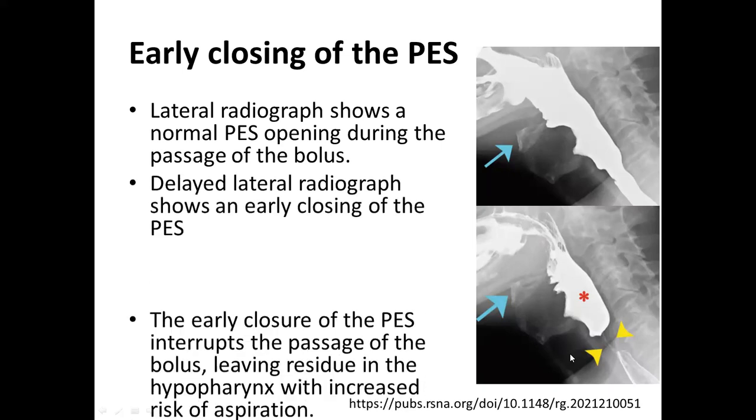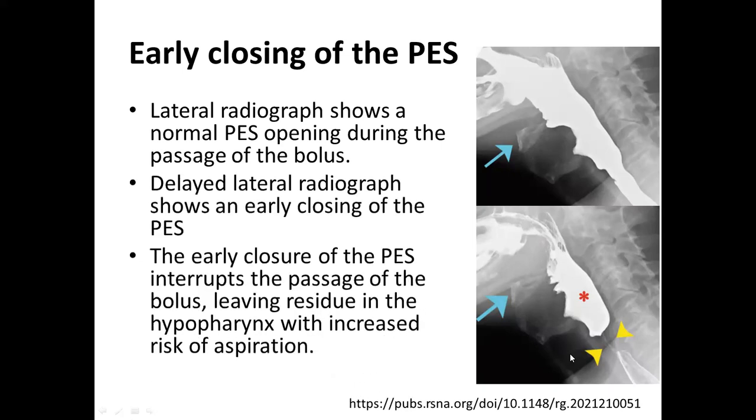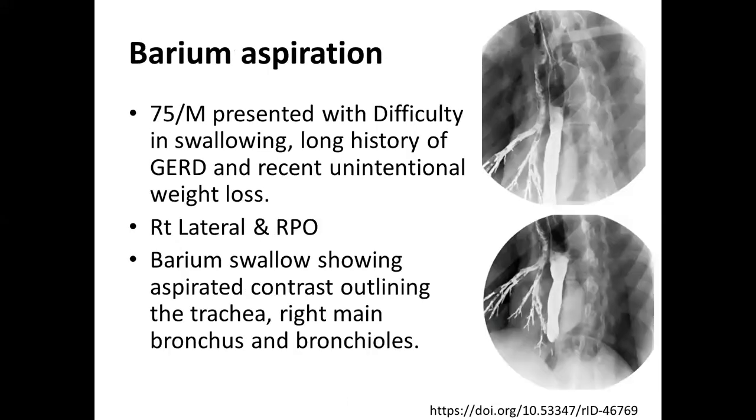So we can see the closure of the pharyngoesophageal segment interrupts the passage of the bolus, leaving residue in the hypopharynx with increased risk of aspiration, as already mentioned.